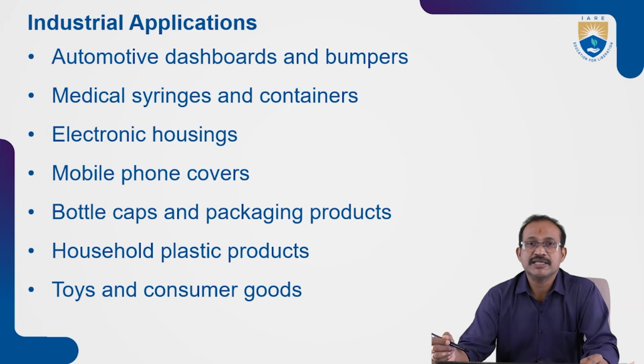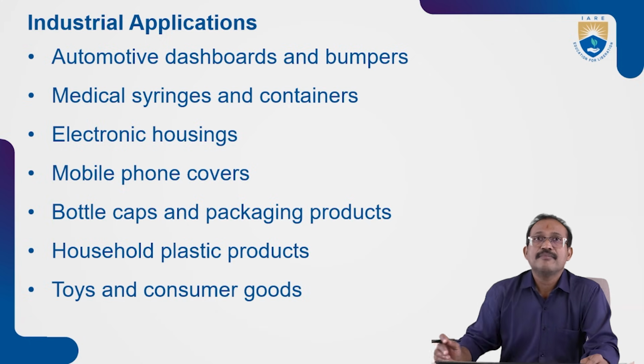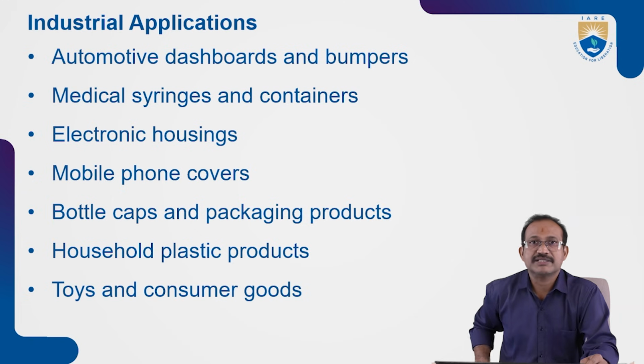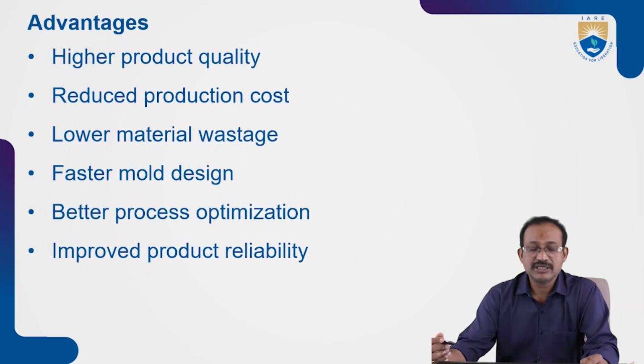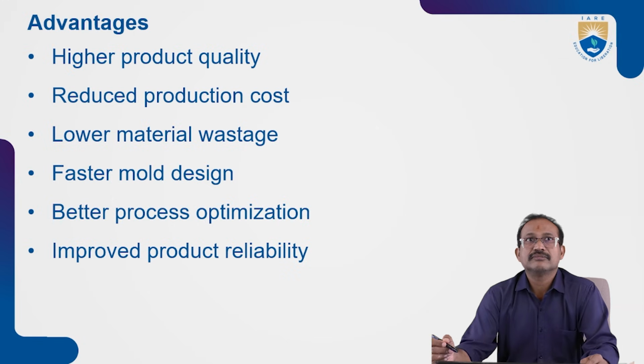These are the industrial applications of the injection molding of plastics. Right, advantages: high product quality, reduced production cost, lower material wastage, faster mold design, better process optimization, improved product reliability. So these are the advantages of injection molding of plastics through computer aided engineering.